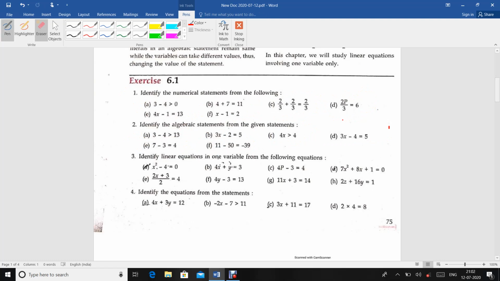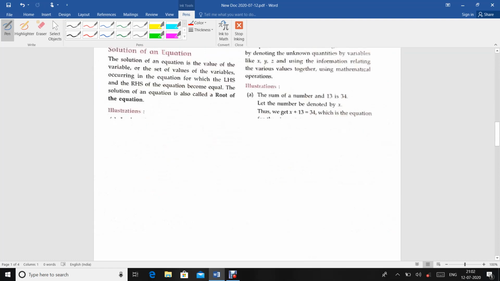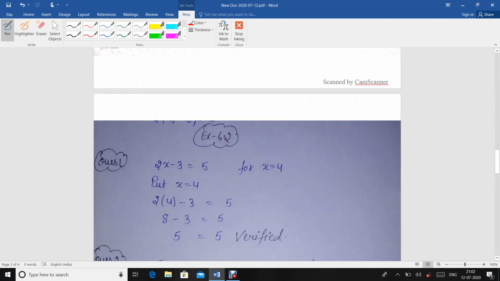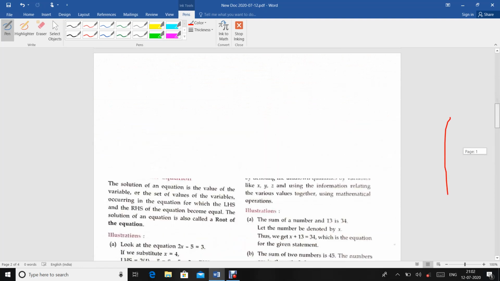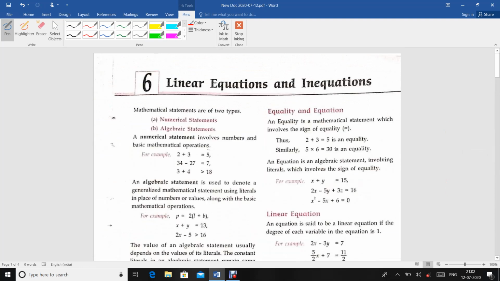Now let us move towards the next topic. The next topic is equality and equation.